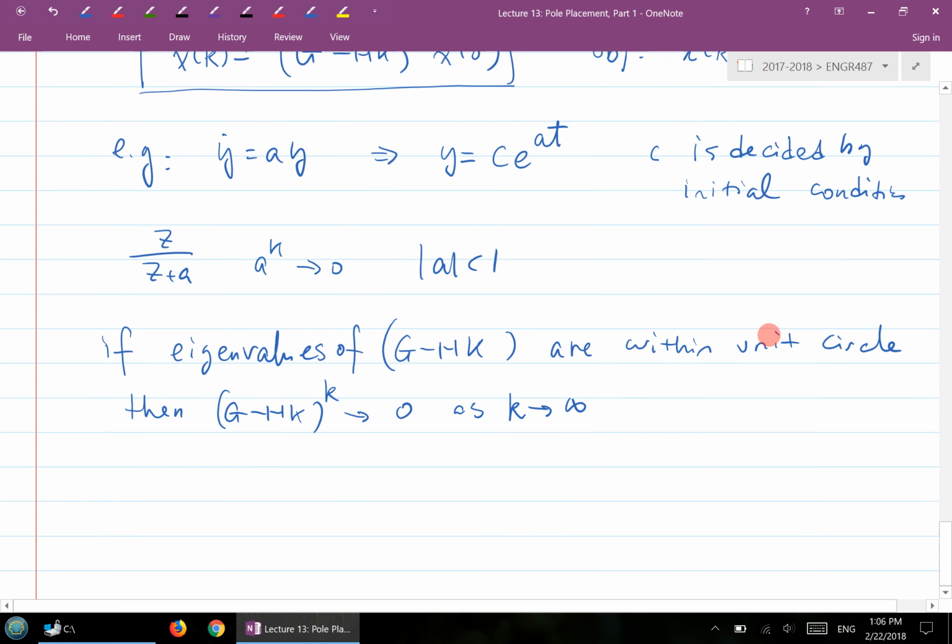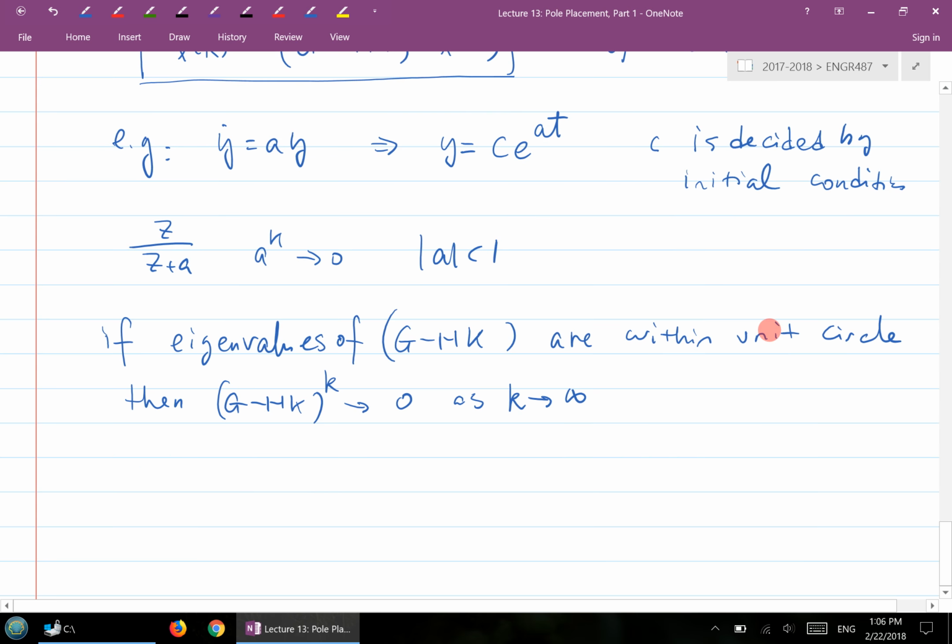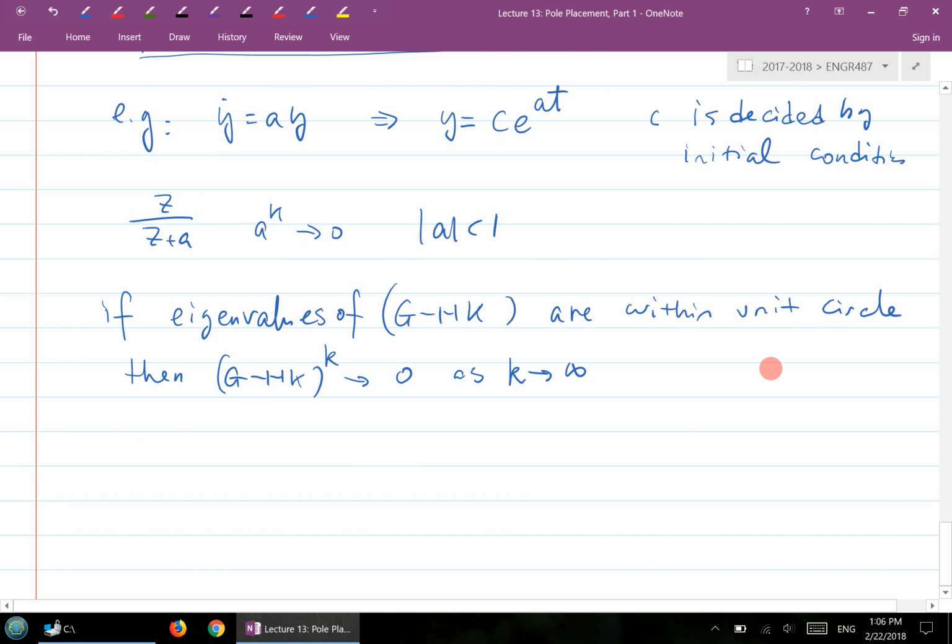So sometimes we not only need the stability, we also need to satisfy a certain type of response, right? So often in time, you design a system based on certain requirements, and the requirements can be translated into the pole locations.